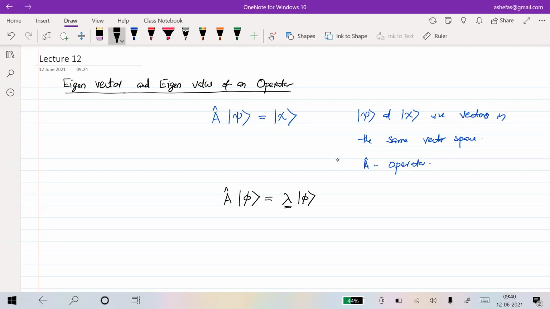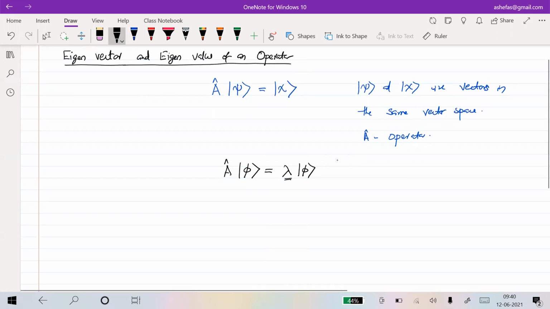Now this lambda is called the eigenvalue of that operator, and the vector phi is called the eigenvector corresponding to this eigenvalue. Okay, so you have to clearly specify this.